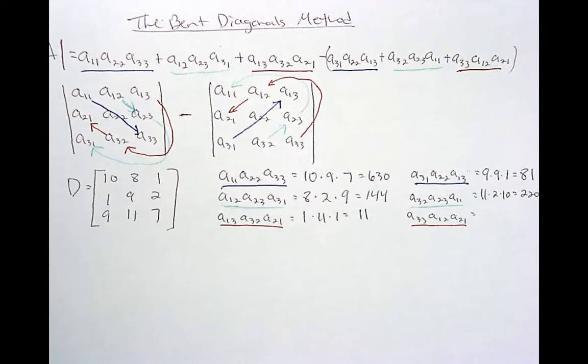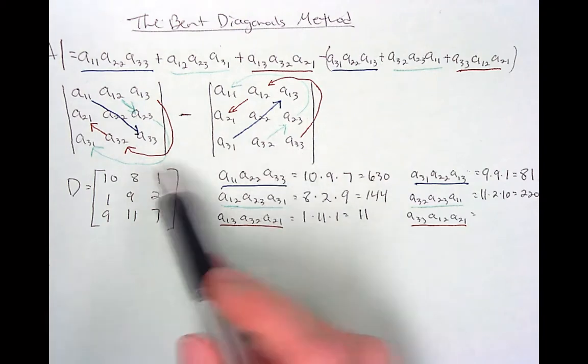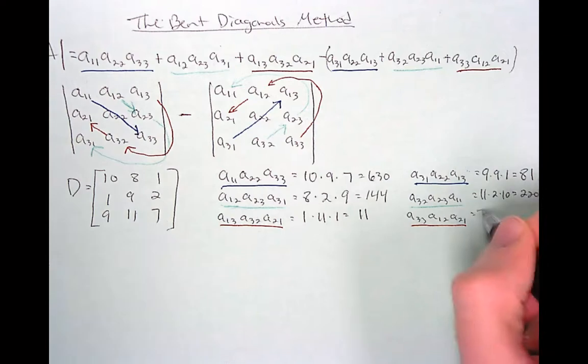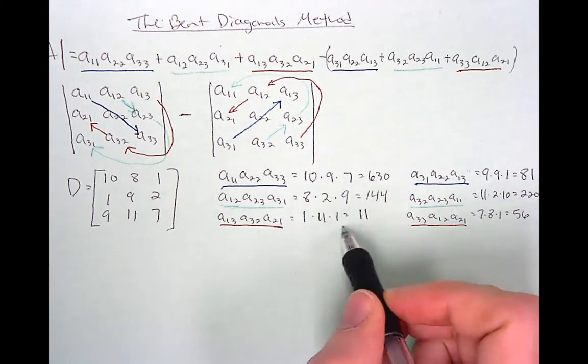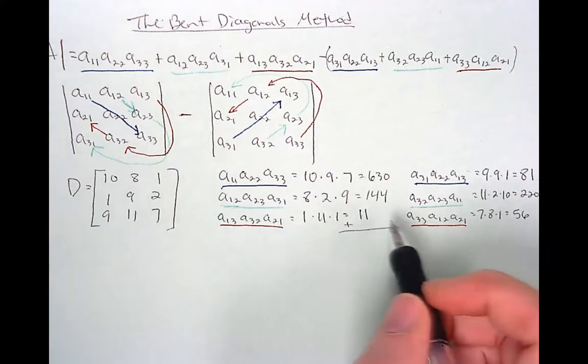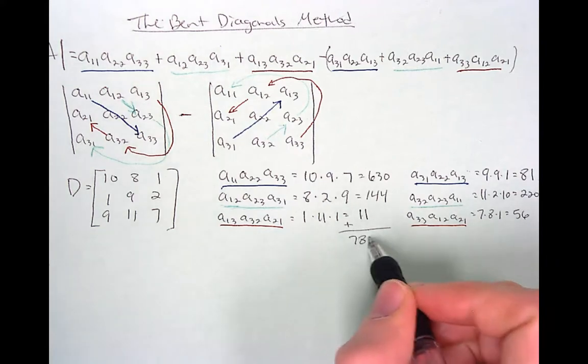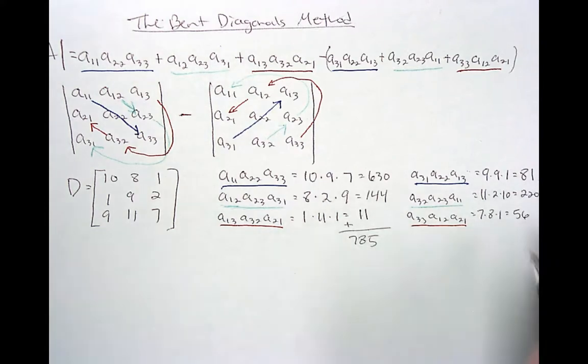Sorry, I'll move that over a bit. And then we're going to have 7 times 8 times 1, which equals 56. Now, since these are the sums of products, we have the products here. Let's take a summation, and we get 785 on this side. And we take a summation here, and we get 357.